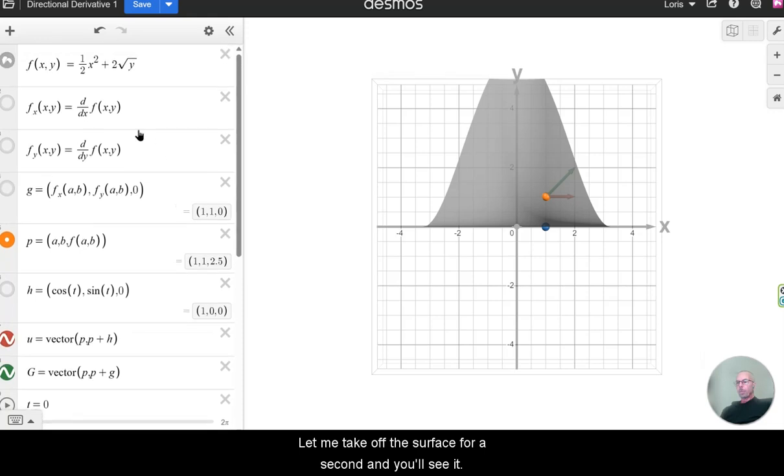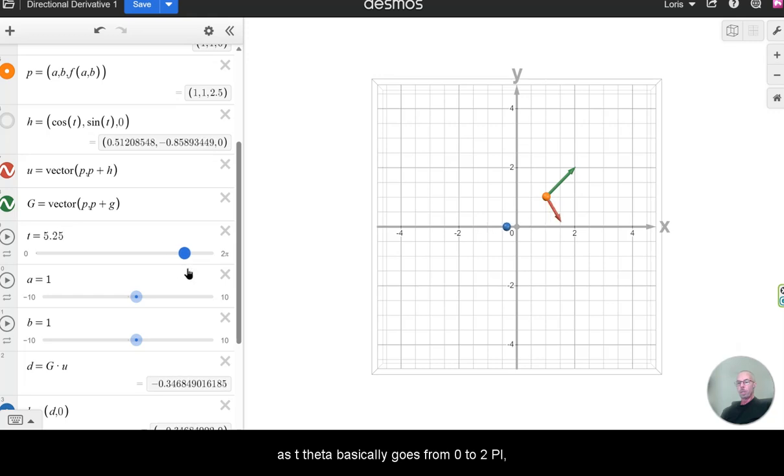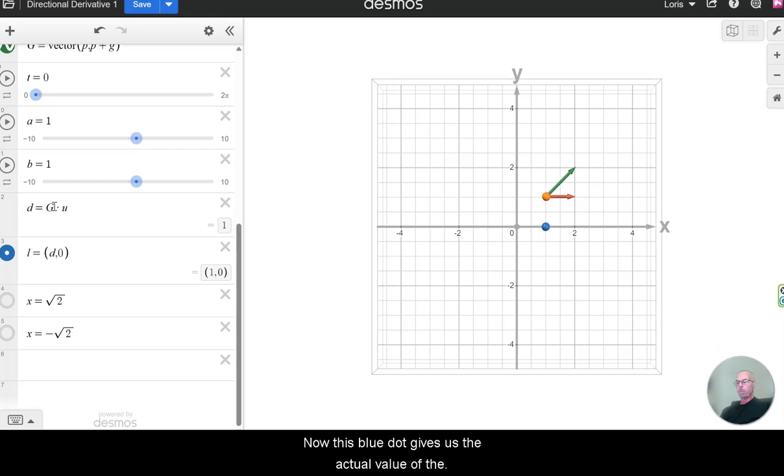Let me take off the surface for a second, and you'll see it. And what I've done is, as theta goes from 0 to 2 pi, the vector goes around the circle. Now this blue dot gives us the actual value of the directional derivative.